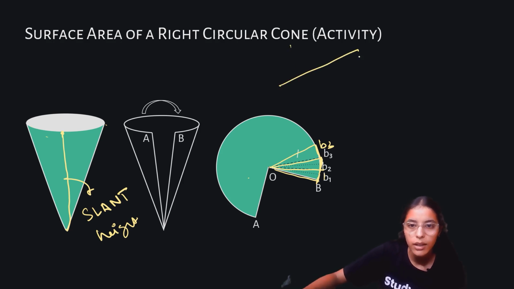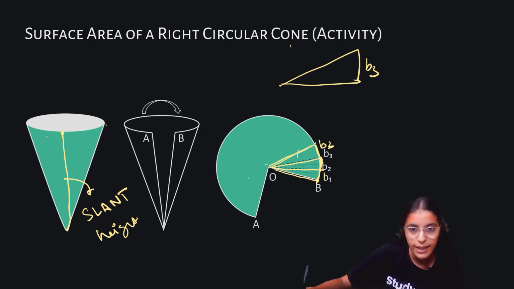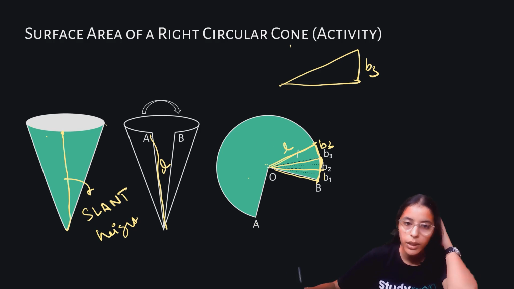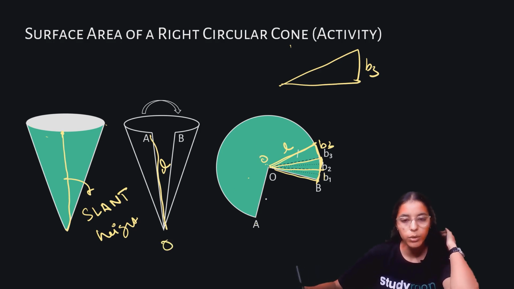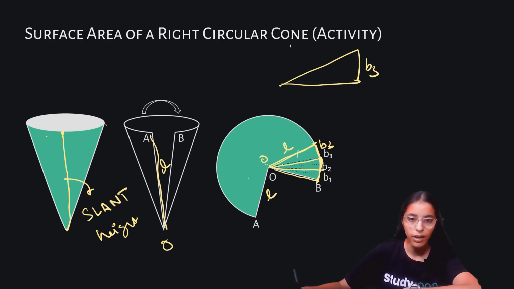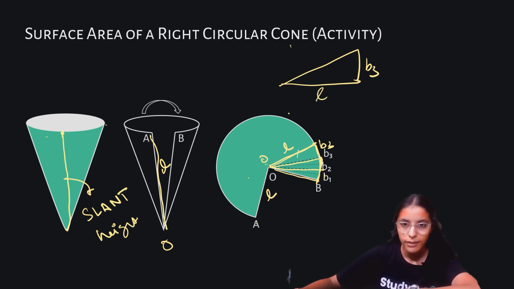This length is our slant height L, from A to the vertex O. These will all be slant heights, so the base of each triangle is B and the other side is L, the slant height.